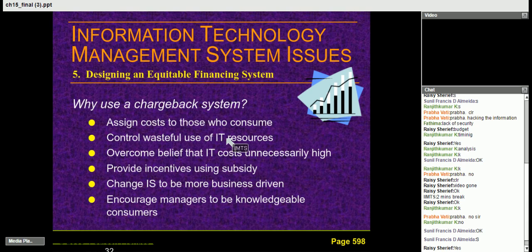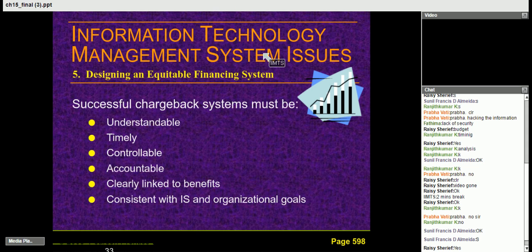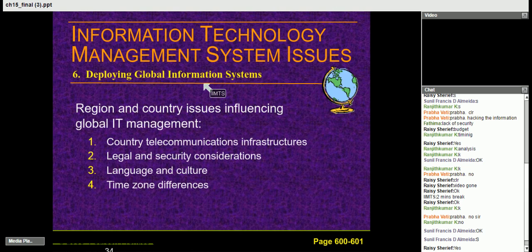Assign costs to those who consume, control wasteful use of IT resources, overcome the belief that IT costs are unnecessarily high, provide incentives using subsidy, change the information system to be more business driven, and encourage managers to be knowledgeable consumers. Successful chargeback systems must be understandable, timely, controllable, accountable, clearly linked to benefits, and consistent with IS and organizational goals.